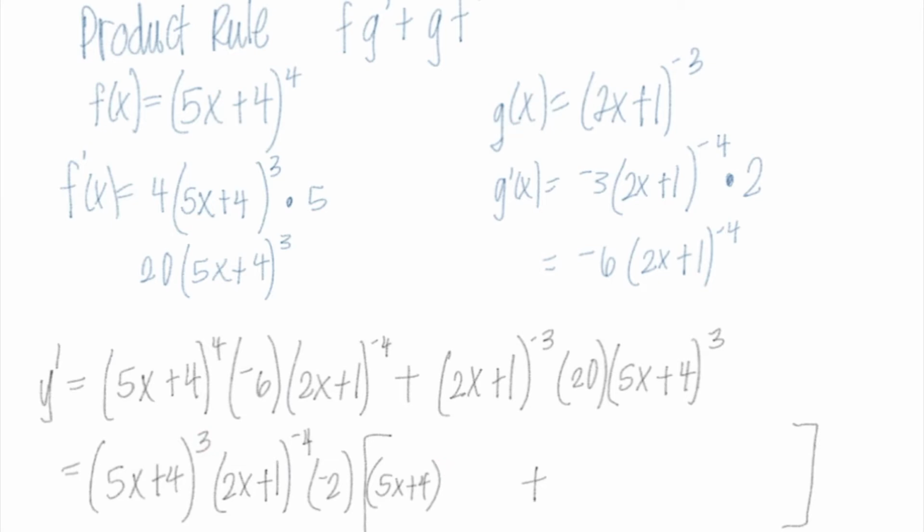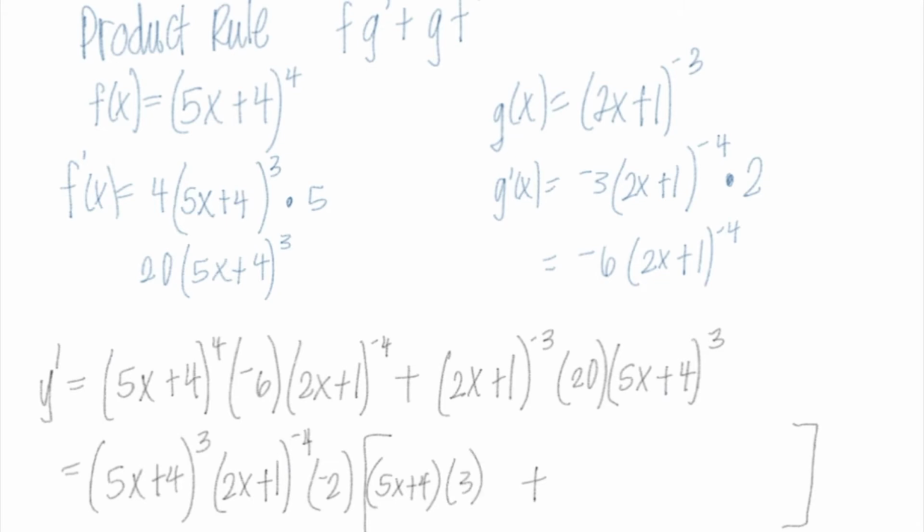I'm not even going to write a 1. Now 2x plus 1 to the negative fourth divided by 2x plus 1 to the negative fourth is just 1. I could write a factor of 1 there, but that's not needed. Anything times 1 is itself. And now negative 6 divided by negative 2 gives a positive 3.